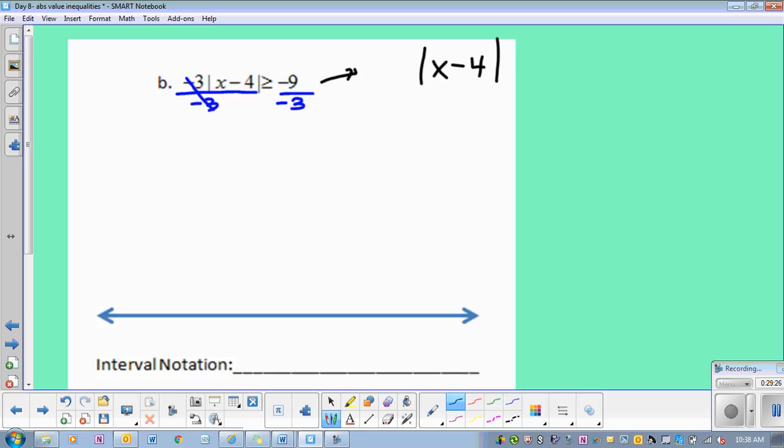When you divide by a negative, you must flip your inequality. So even before we drop the bars and write it twice, we need to flip our inequality. Okay, and then -9 divided by -3 gives me a +3.